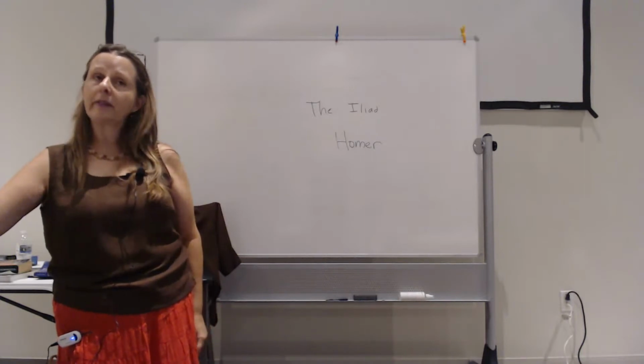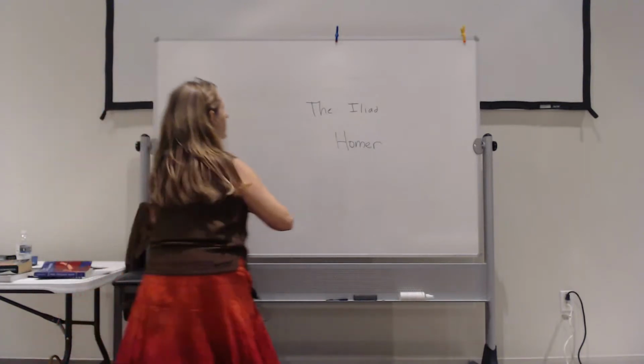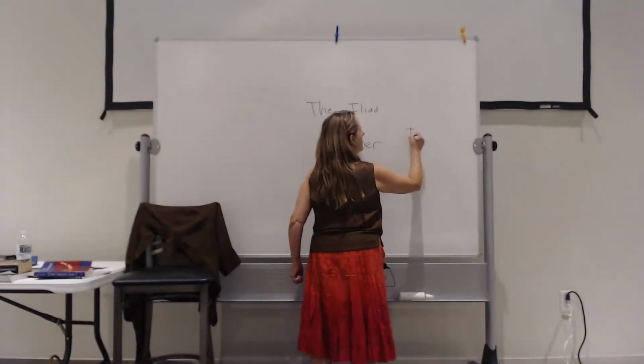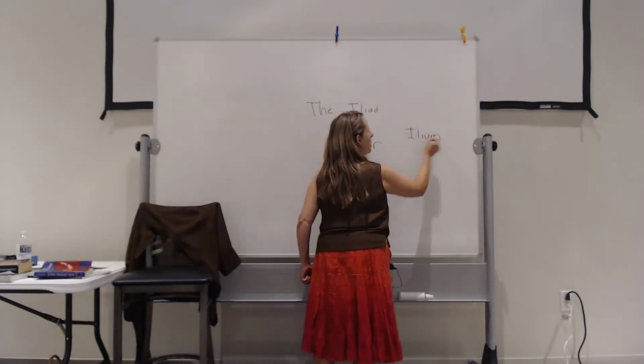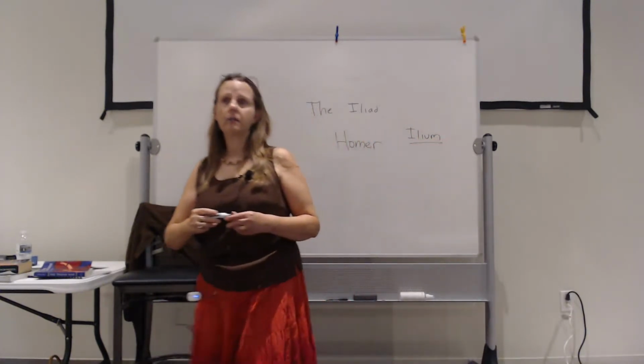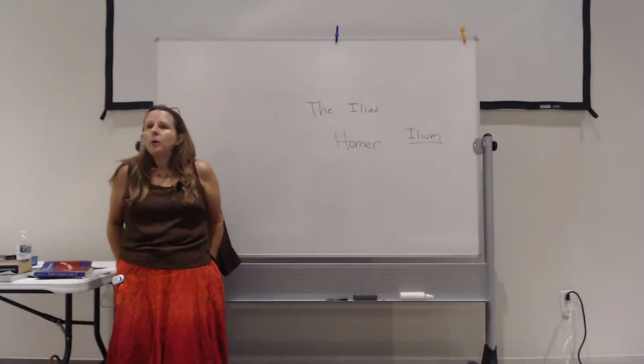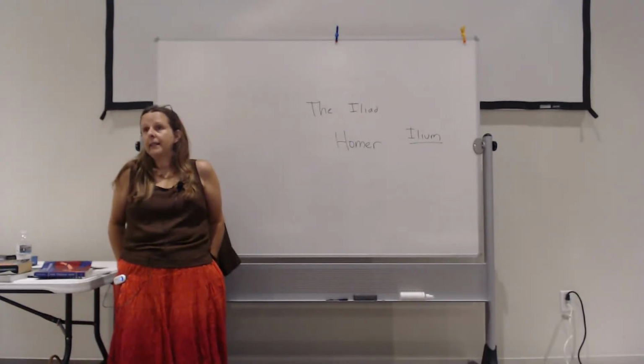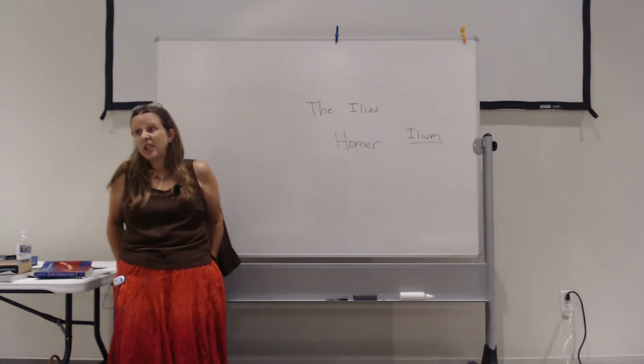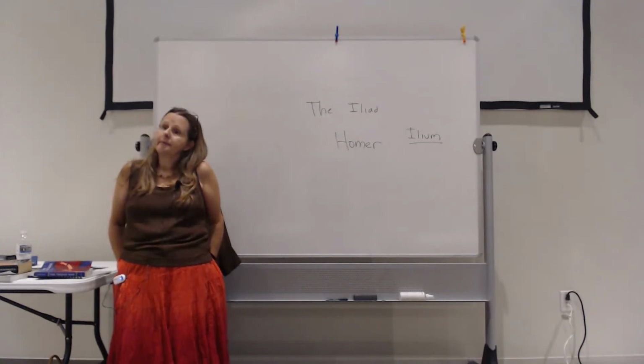It doesn't tell you about the beginning of the war. By the way, it's called the Iliad because the Greeks called Troy Ilium. That was their name for Troy, Ilium. This poem doesn't tell you about the beginning. It doesn't tell you about the Trojan horse.